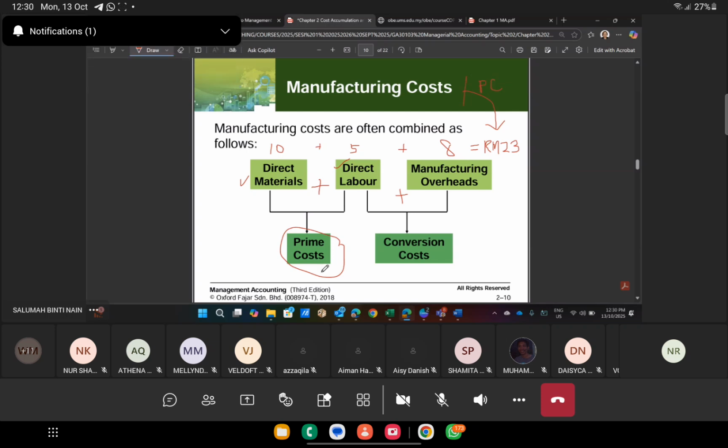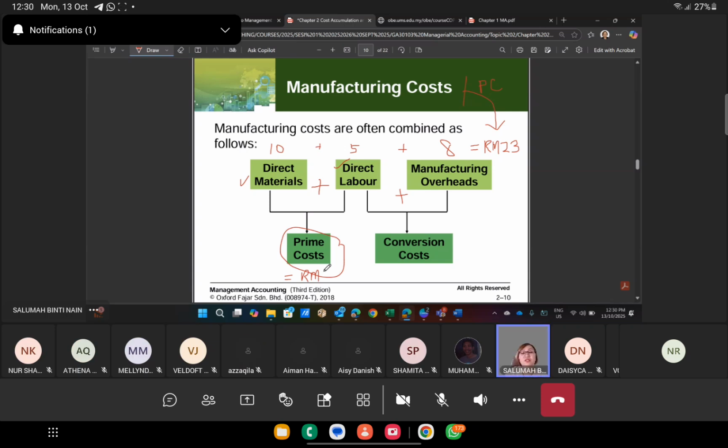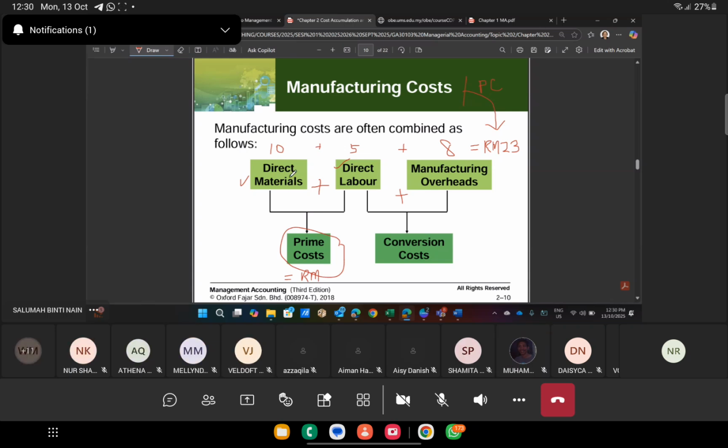Let's say the question says calculate prime cost. So how much is the prime cost? 15. Yes, very good. 10 plus 5, direct material plus direct labor.